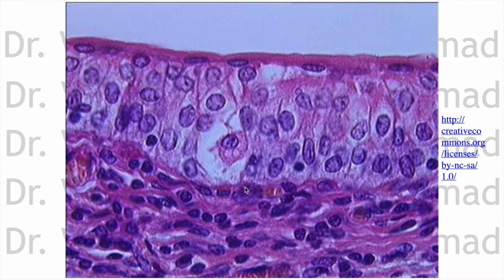See that? Why? Because when this is distended, the cells glide on each other, and this becomes thinner as the urinary bladder distends, and of course thickens again when the bladder empties.